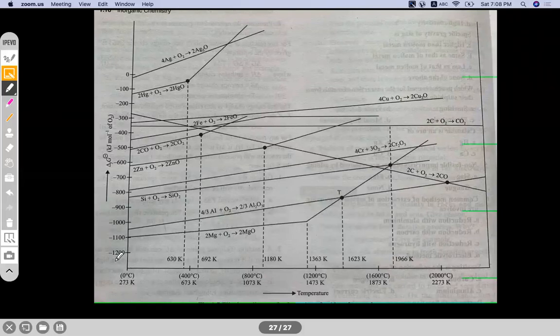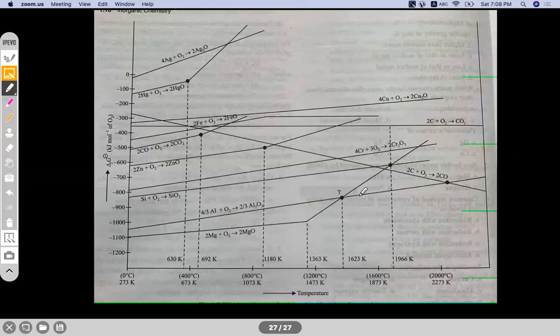You see, it starts at 0 degrees Celsius, and delta G naught is increasing. Temperature is increasing. For all the reactions, like Mg plus O2 giving MgO, we have a positive slope, and then there's a sharp change in the slope.